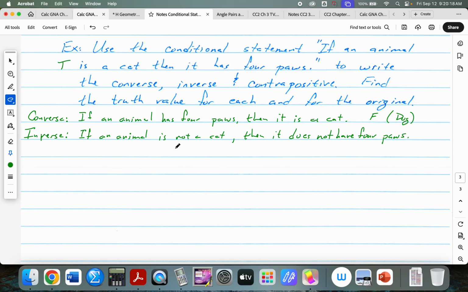So to find a counterexample, you need to find something that's not a cat that does have 4 paws. Dog. Well, yeah, dog still works, doesn't it?